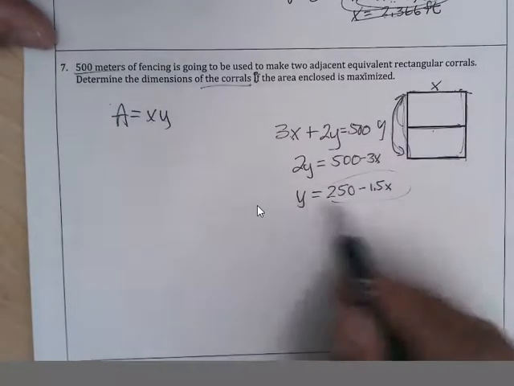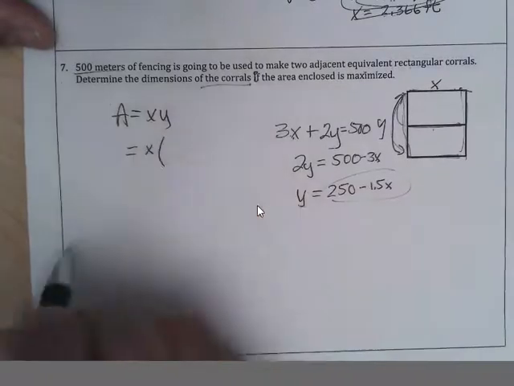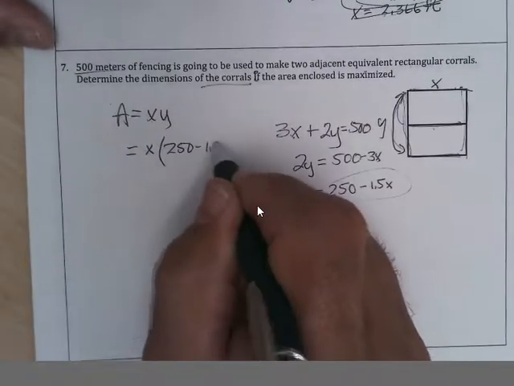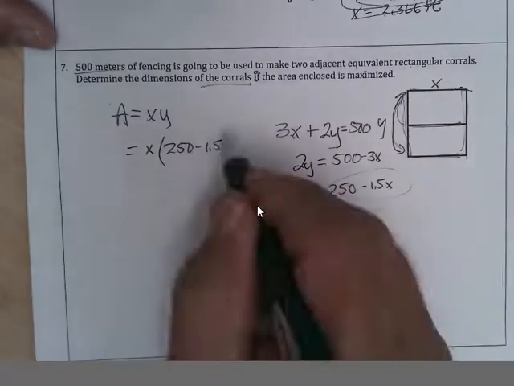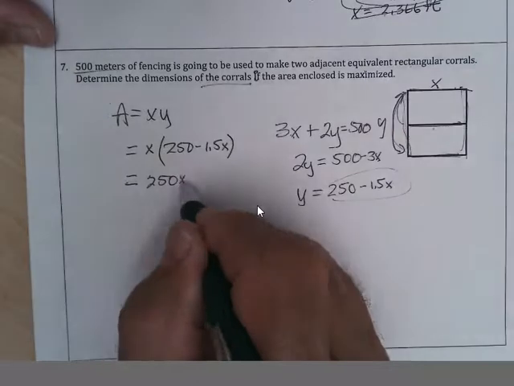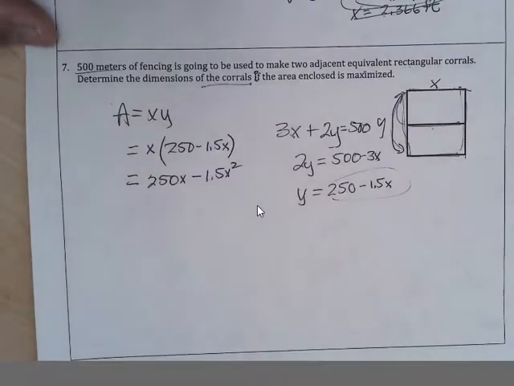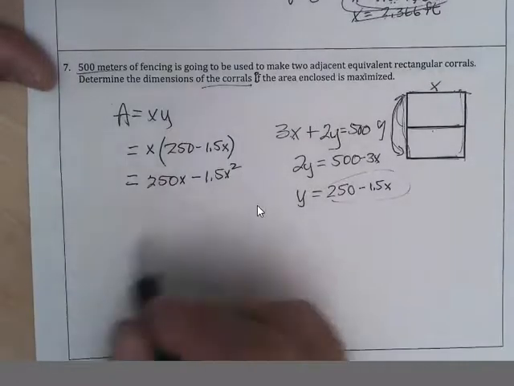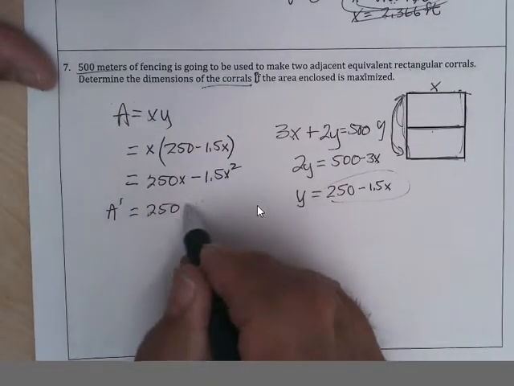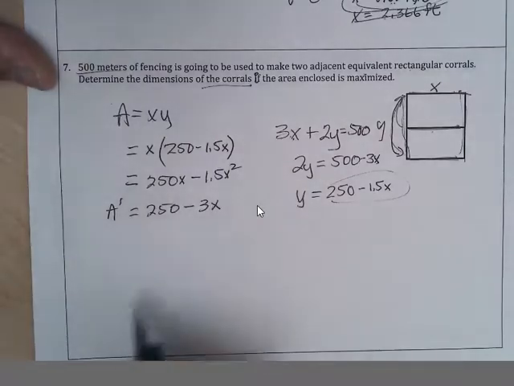And I'm going to put that in for Y, which is 250x minus 1.5x squared. And I'm going to find the critical values by taking the derivative and setting it equal to 0.